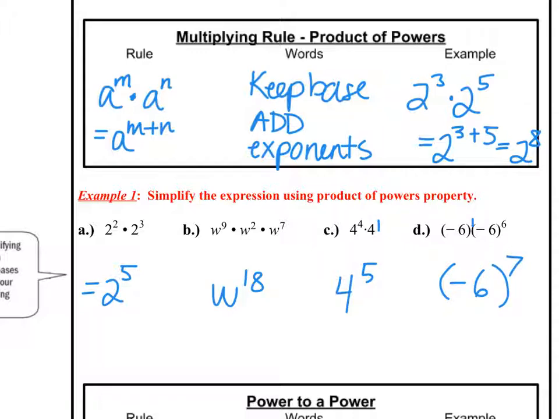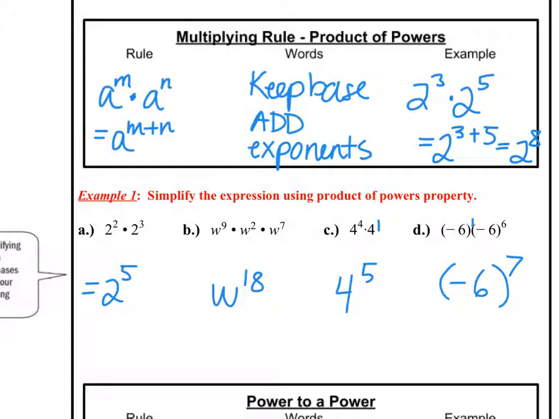Negative 6 has to go in parentheses because you were saying it's negative 6 to the 7th. If you left that off, what you'd be saying to me is it's 6 to the 7th times negative 1. That's not what this is. We want it to be negative 6 to the 7th. So you have to put parentheses around negatives in these type of problems.